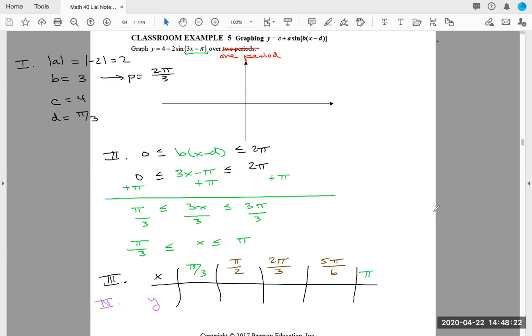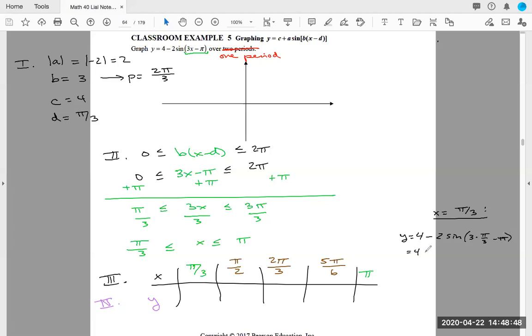When x is equal to pi over 3, y equals 4 minus 2 sine of 3 times pi over 3 minus pi.